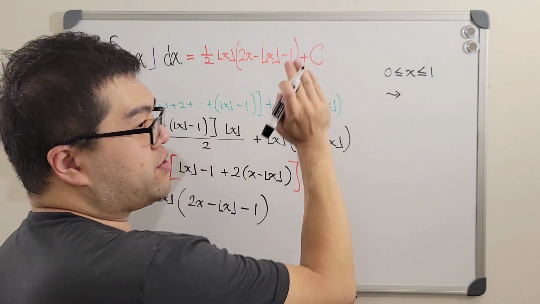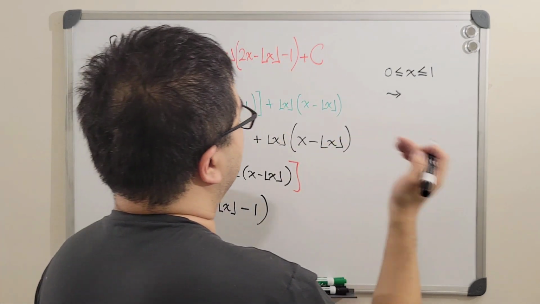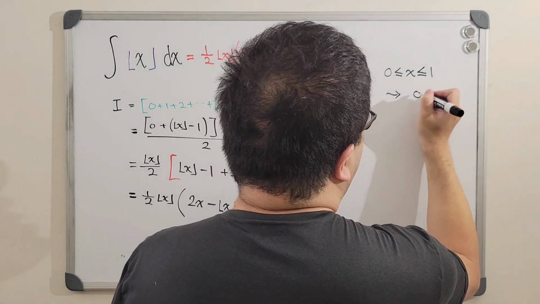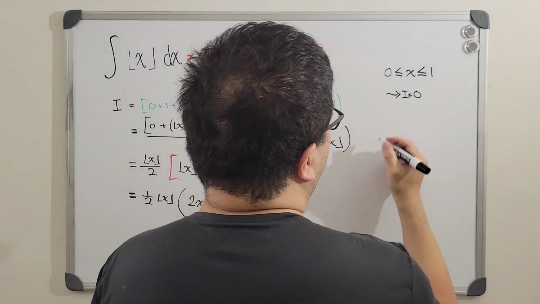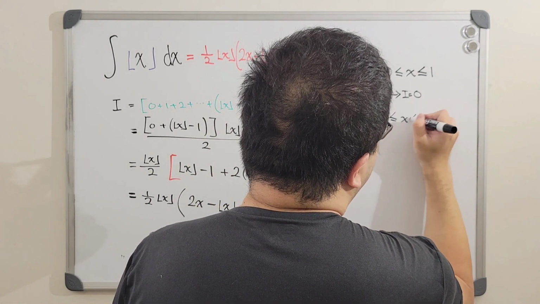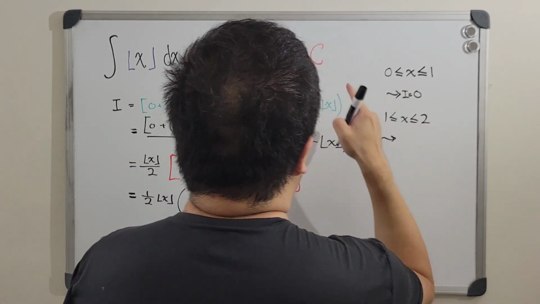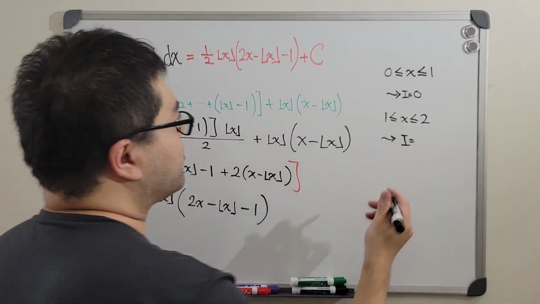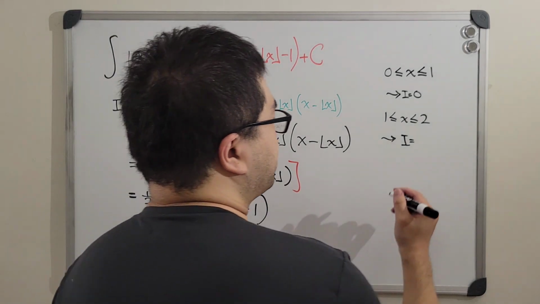Well, if we ignore the c part, this part is supposed to turn into 0. So let me just say it this way: the integral is going to turn into 0. And then if we choose between 1 to 2, you should actually get the expression of this integral to be simplified down to just x minus 1 value.